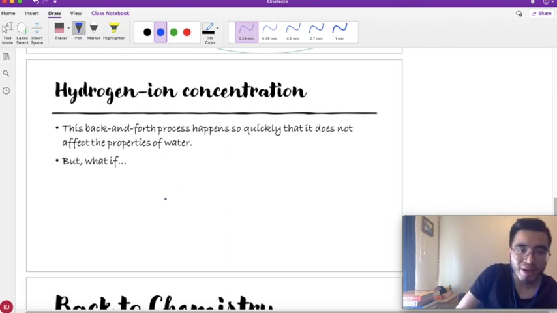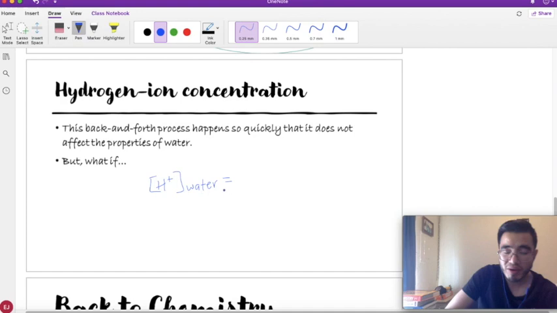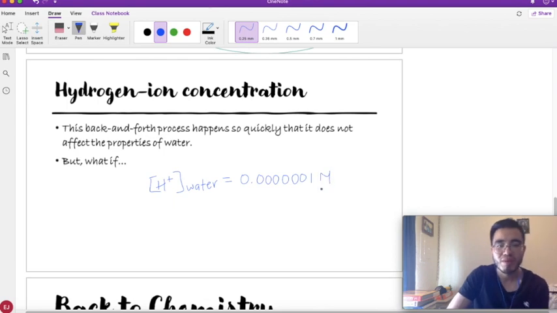We will find that the concentration, so I'm going to use brackets, concentration H+ of hydrogen ion in water is a very specific number which chemists do know, 0.0000001 molar. This is the concentration. Very small, but still it's present. It's there. You could find it if you looked at a very specific, precise moment in time.